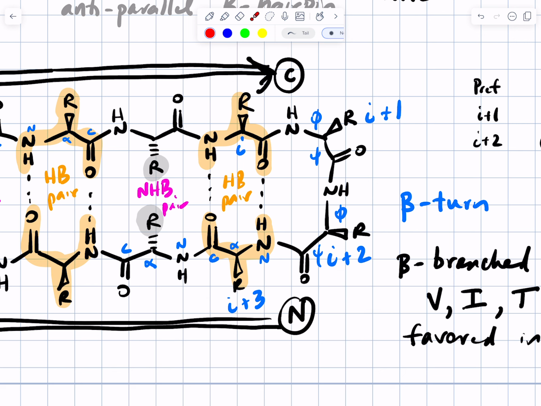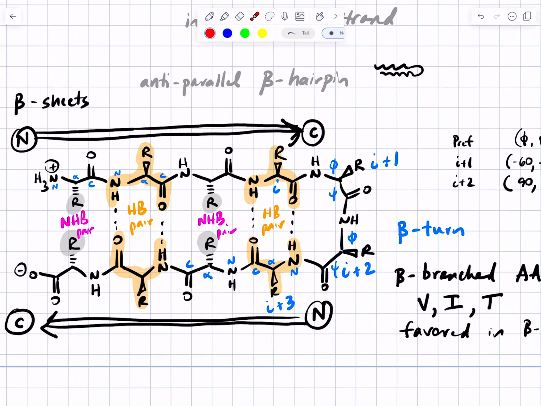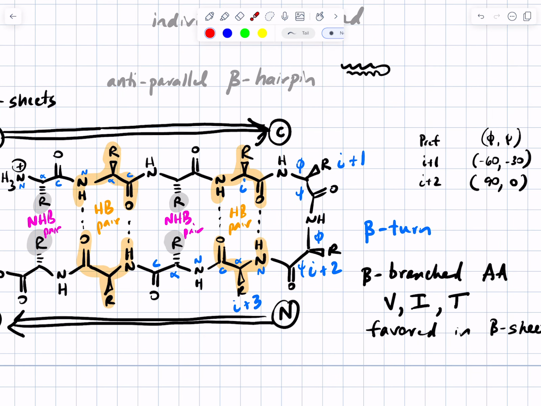If you measure their phi-psi angles, in beta hairpins they tend to be different, at least than typical. At I plus 1, they prefer to be minus 60 and minus 30 for phi and psi respectively. That's close to what you would expect for an alpha helix, so there's actually a lot of amino acids that work there.